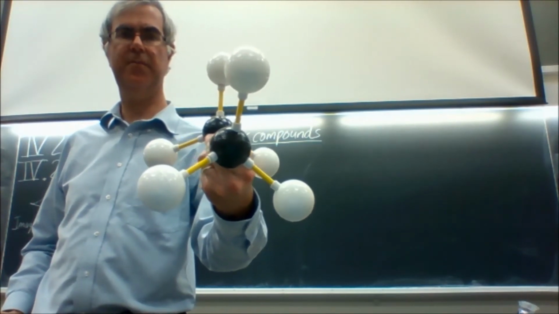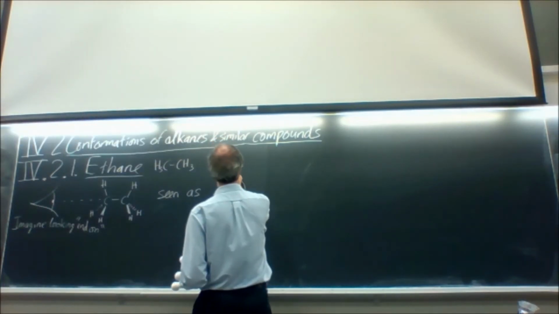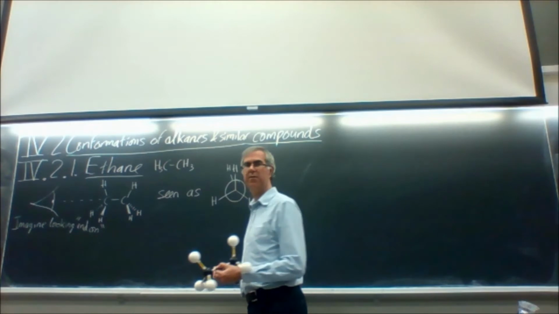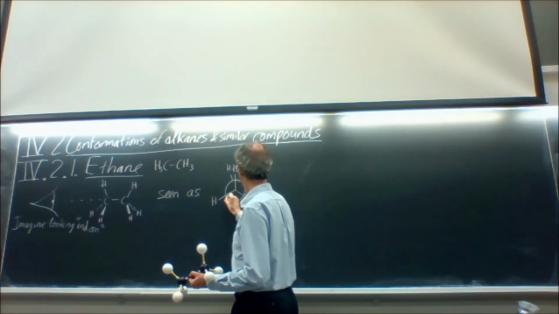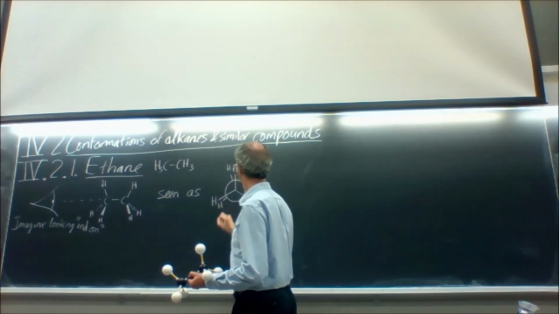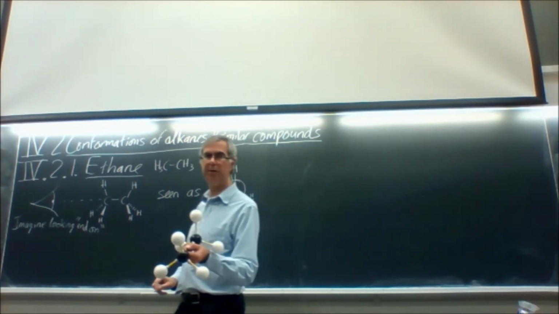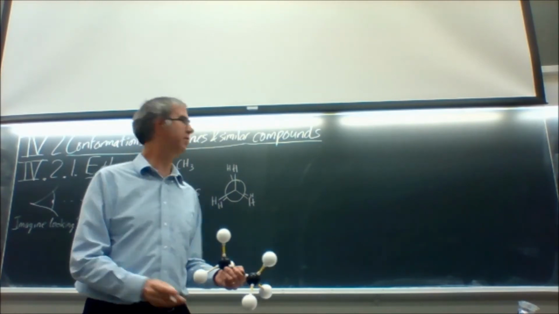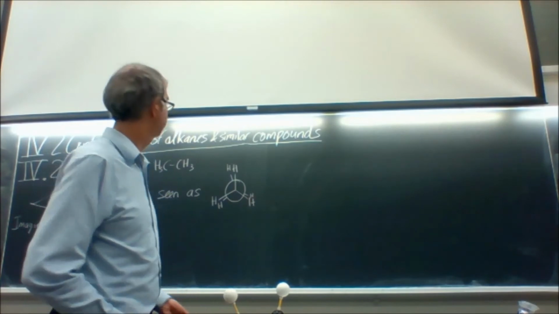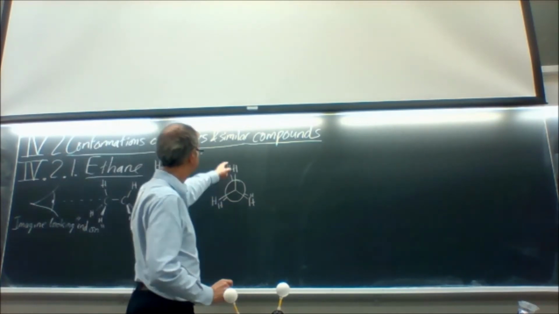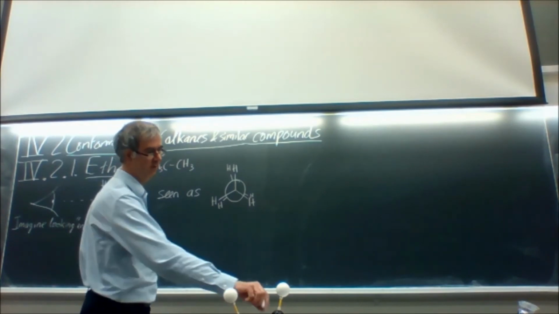And so the back hydrogens, really, they're kind of partly blocked by the front hydrogens, but for the drawing we want to be able to see them in place, so this is what we call a Newman projection.